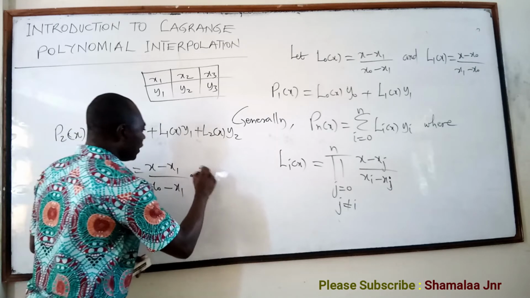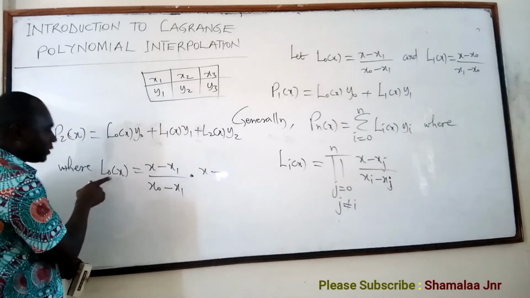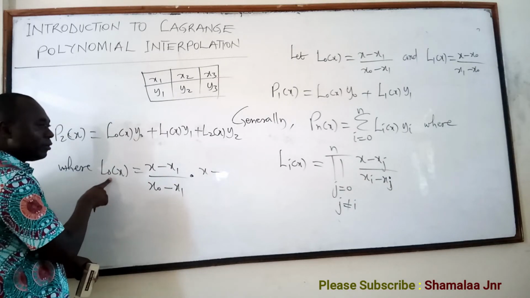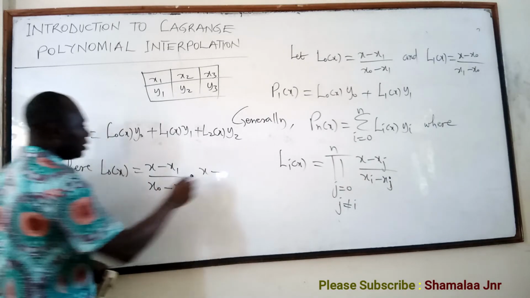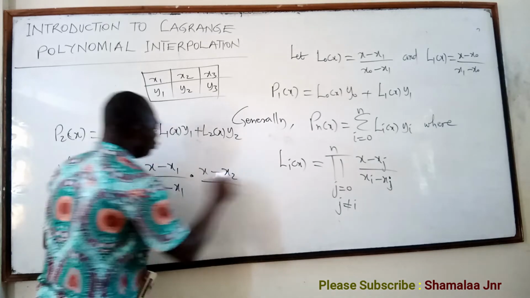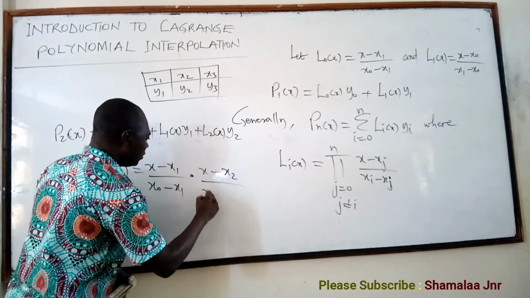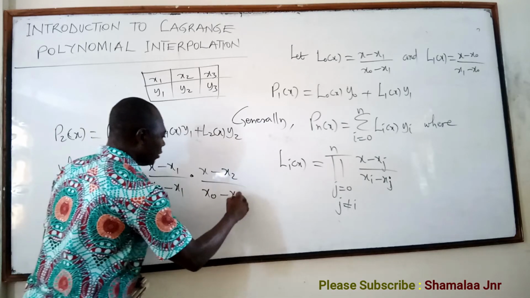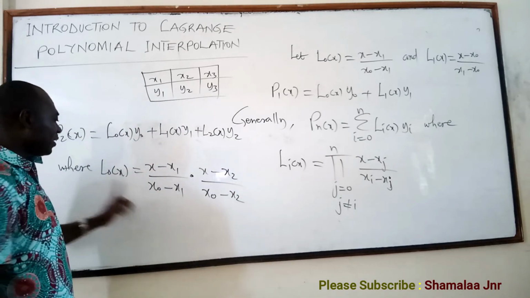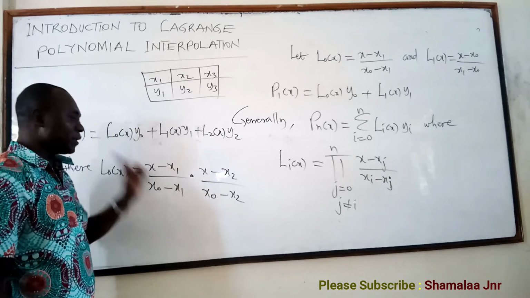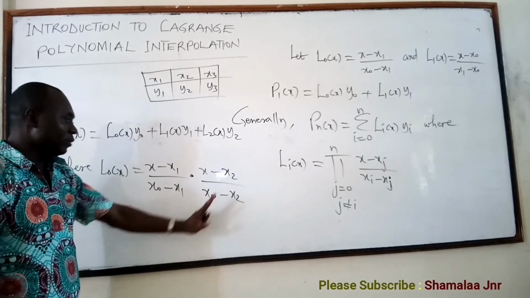So x minus, don't forget, i has taken 0, so j should continue with 2. j took 1, now 2. And then this one will be x0 minus x2, because when i takes a value, it is fixed throughout. So this is it.